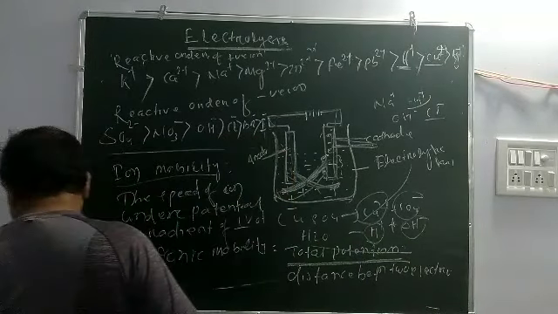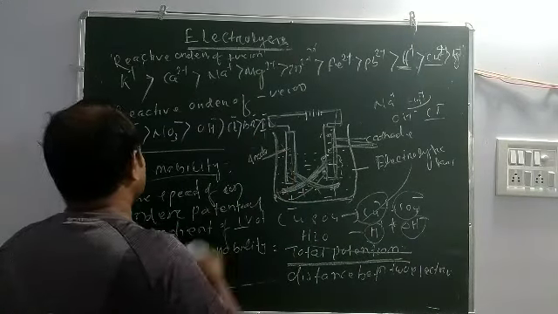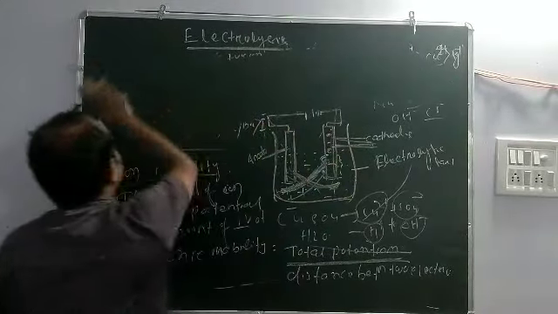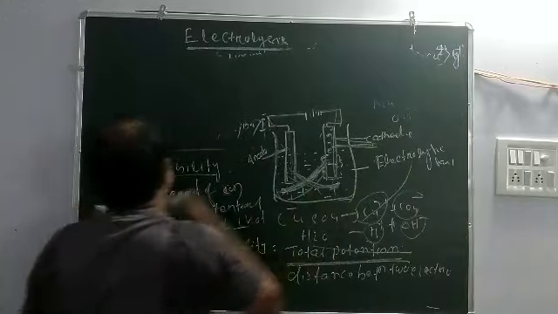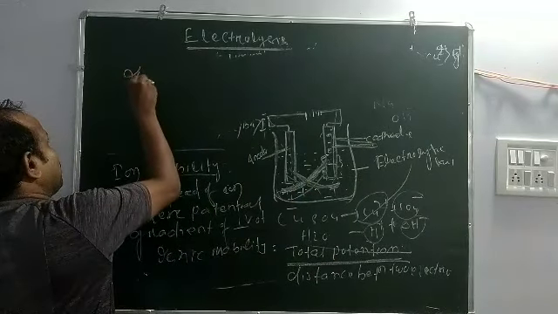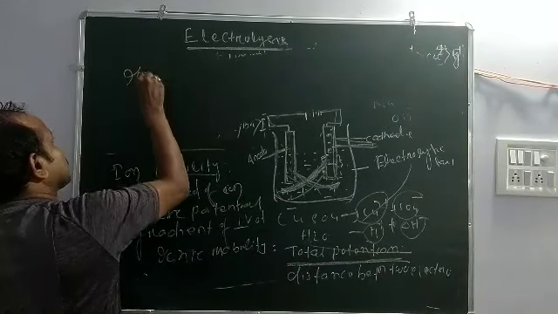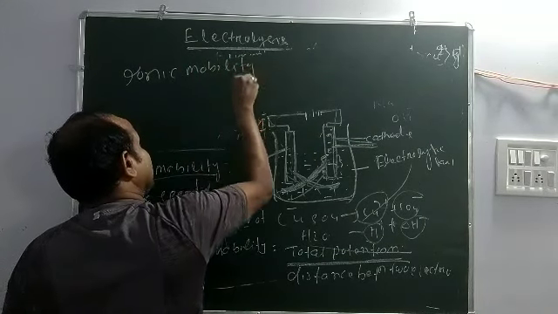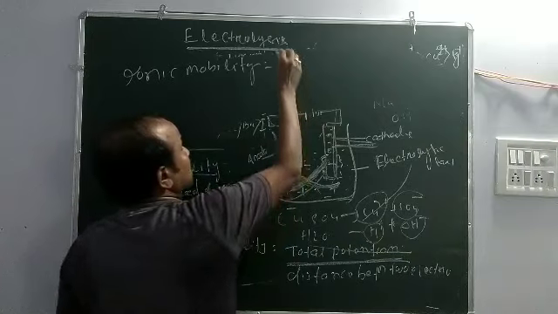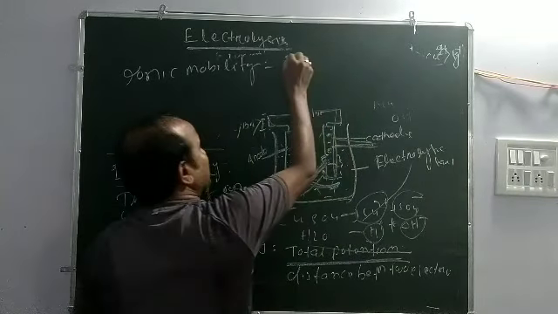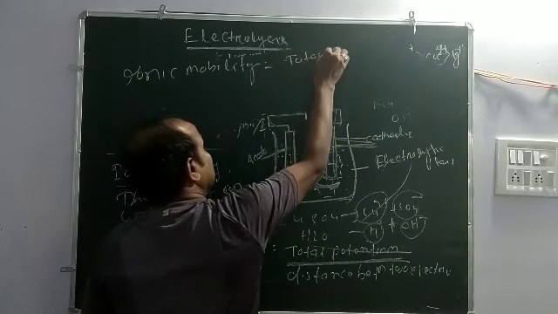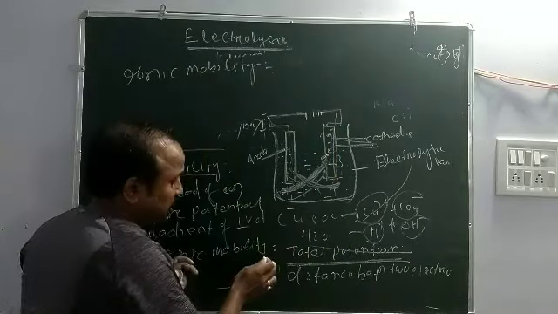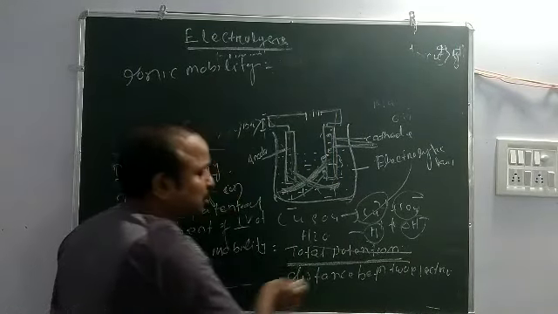Okay, it is also experimentally proved that ionic mobility is equal to total potential divided by the distance between two electrodes.